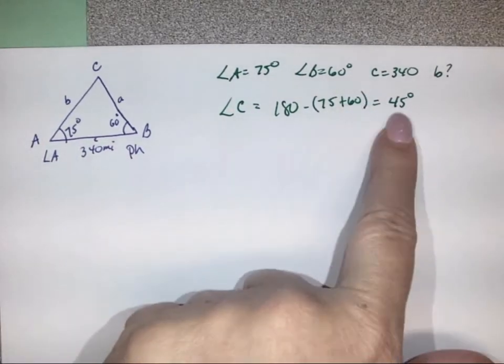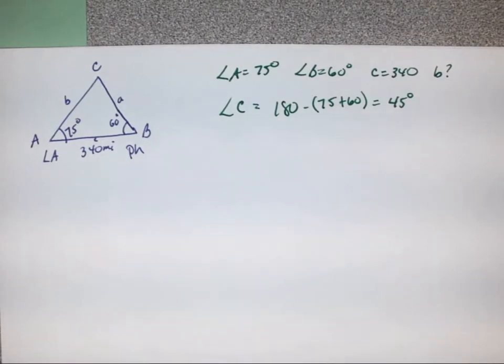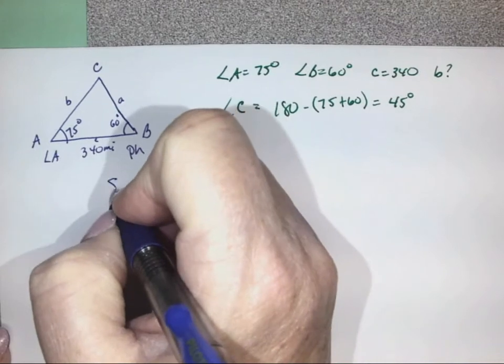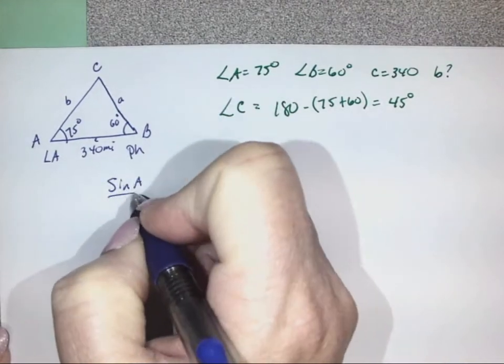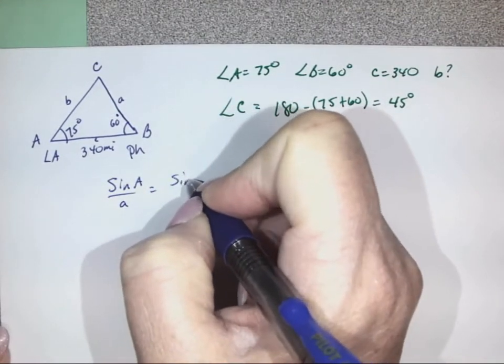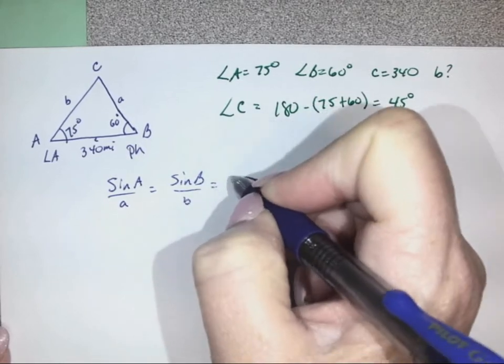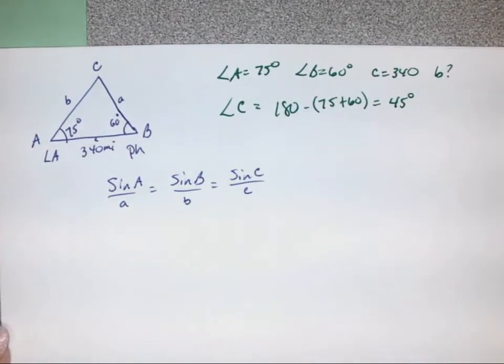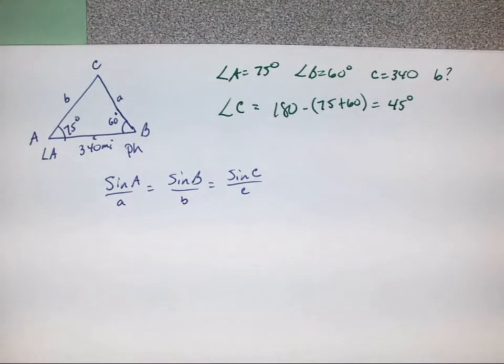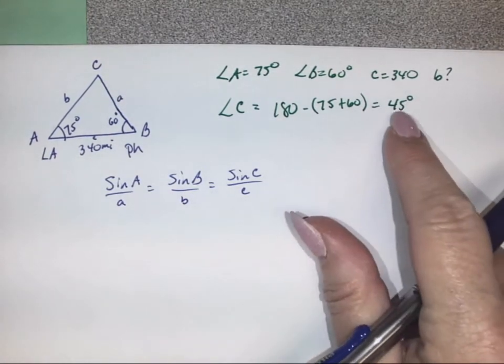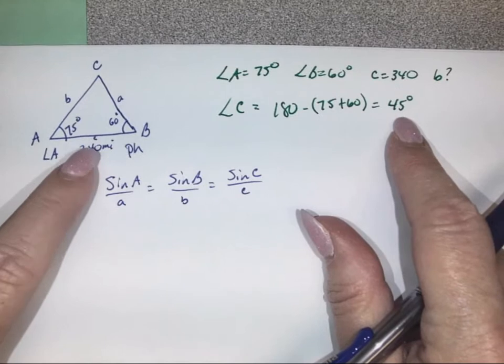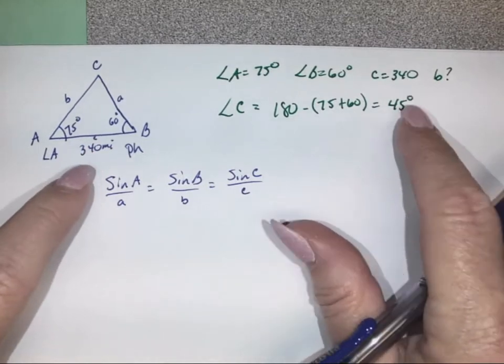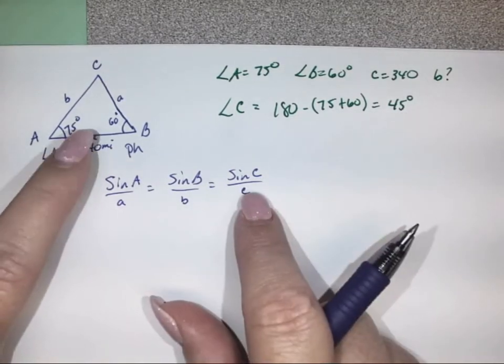All right, so now that we have this, remember our law of sines is sine of A over little a is sine of B over little b is equal to the sine of C over little c. We had to find C because the only distance we have is little c. So now we have an angle and we have a distance.